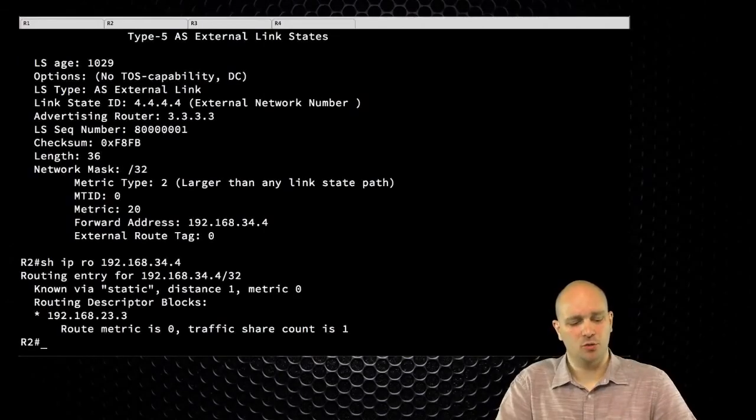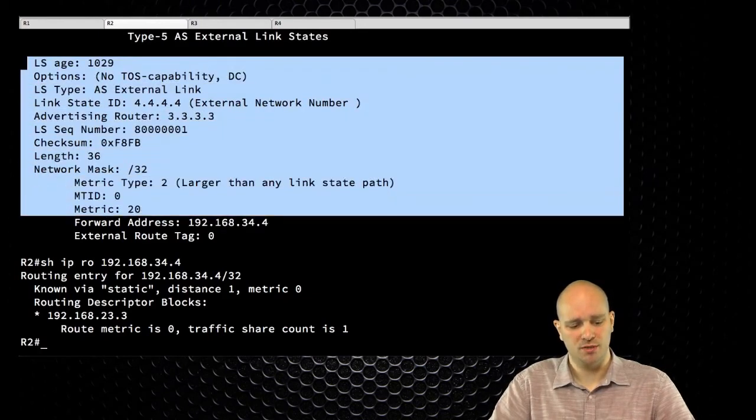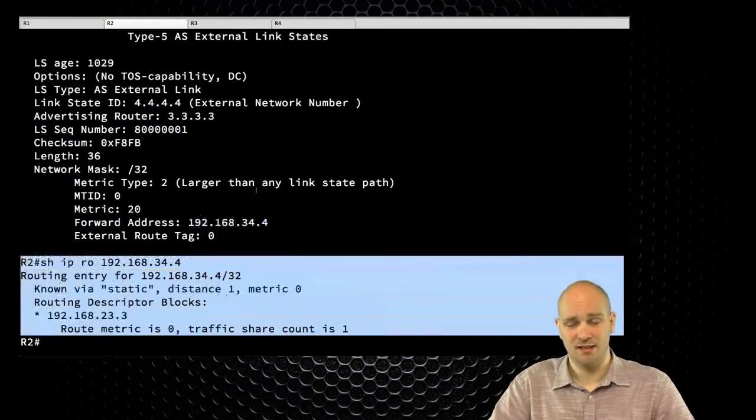Show ip route 192.168.34.4 on R2 shows us that there is a static route on R2 that makes the forward address reachable. As I said, one of the rules for the forwarding address is that in order for this LSA to be used when it has a non-zero forward address, the forward address must be known by OSPF. In our case, the forward address is not known by OSPF. In the routing table, it is actually known as the static route.